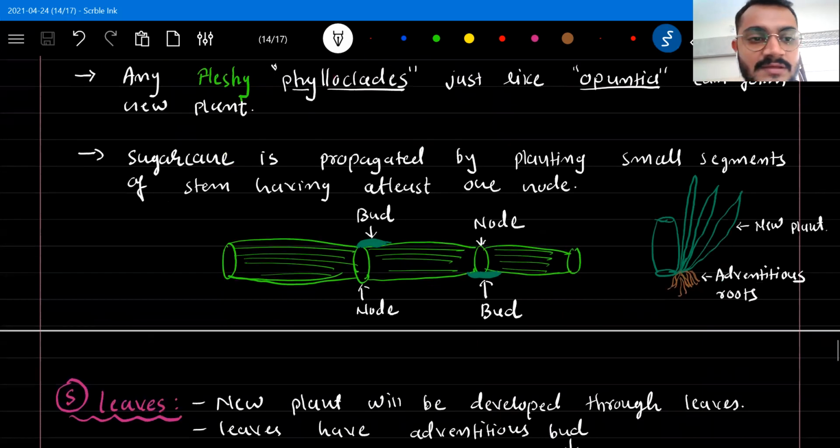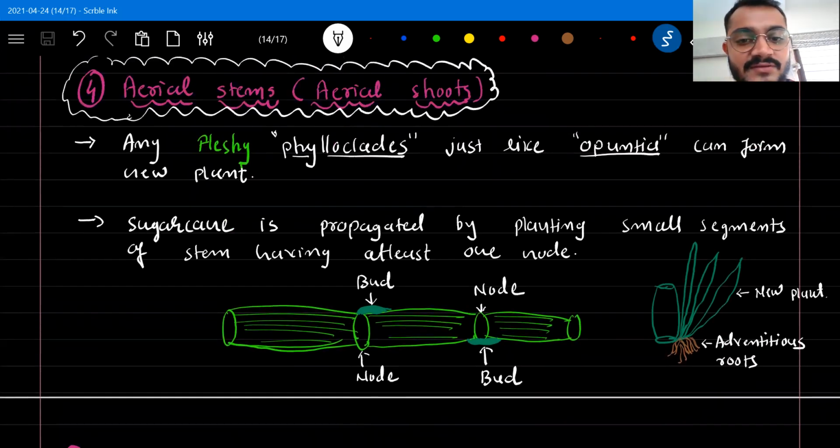Second thing, all those phylloclades are green in color, and they can perform the function of photosynthesis. An example of that is sugarcane. You can see that sugarcane can be propagated by planting small segments of the stem which have at least one node.